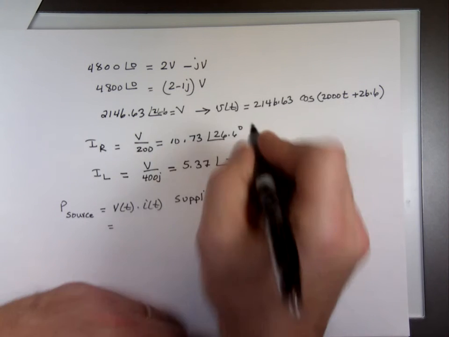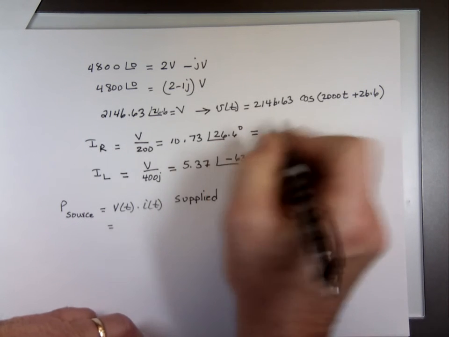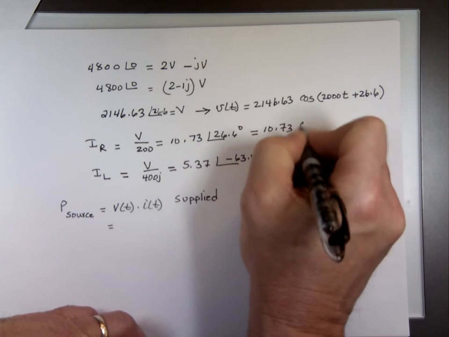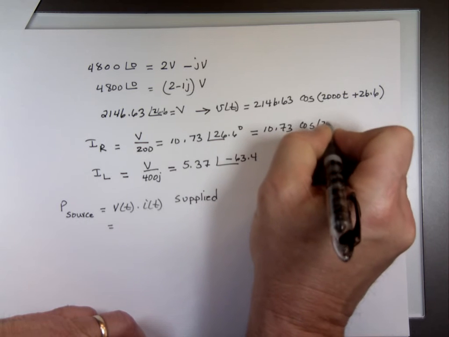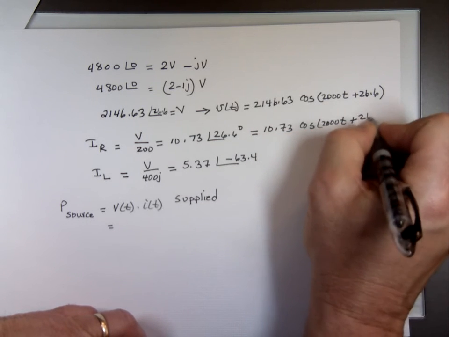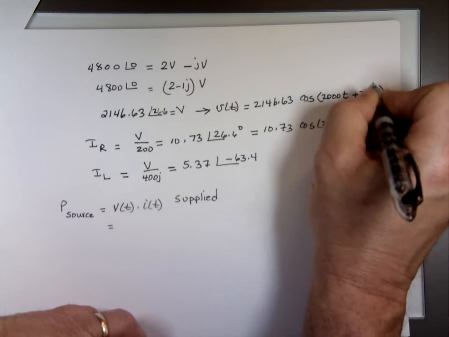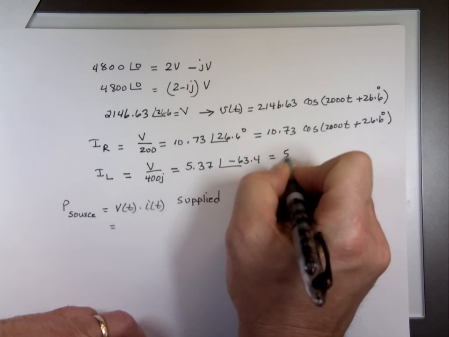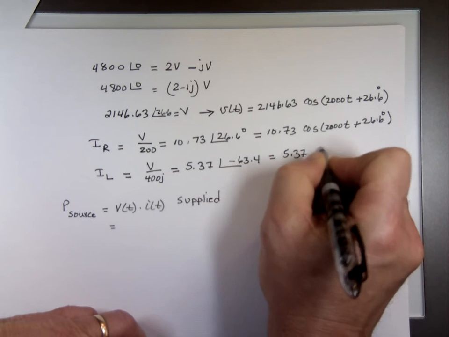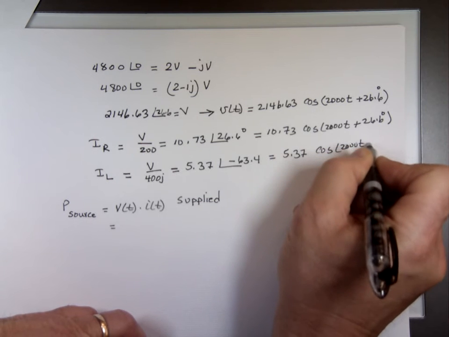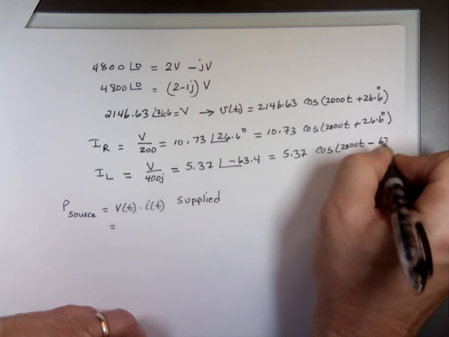And this one is going to be 10.73 cosine 2000t plus 26.6 degrees. And this is going to be 5.37 cosine 2000t minus 63.4 degrees.